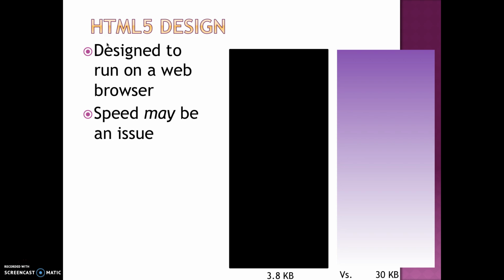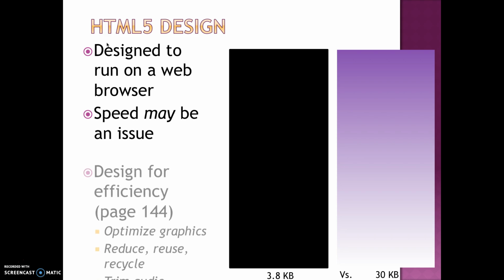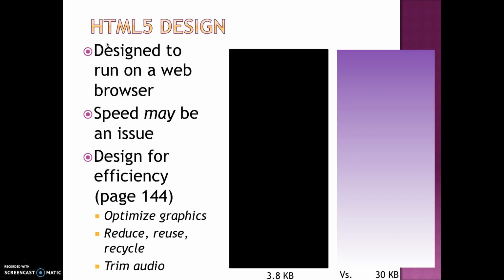Speed can be an issue with HTML5. You want to design for efficiency. You want to optimize graphics. You want to reduce, reuse and recycle. You want to use elements more than once, and also trim your audio. So be as efficient as you can.